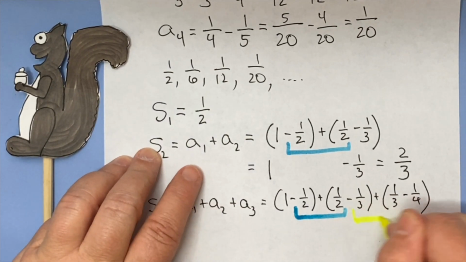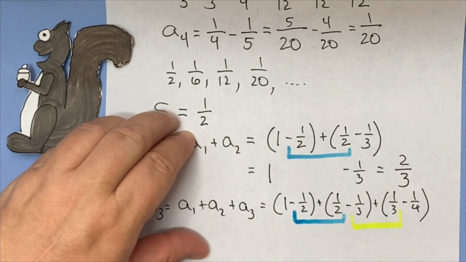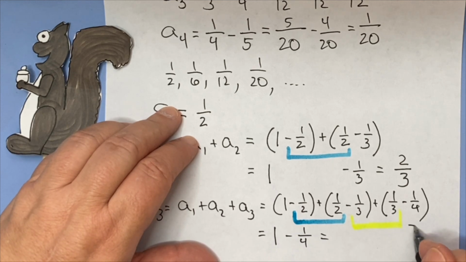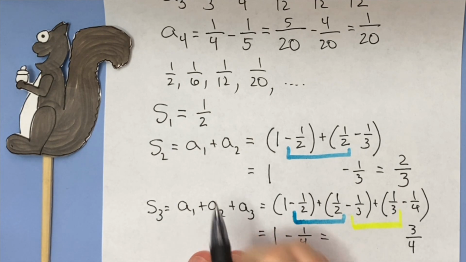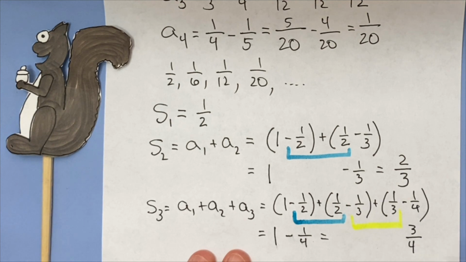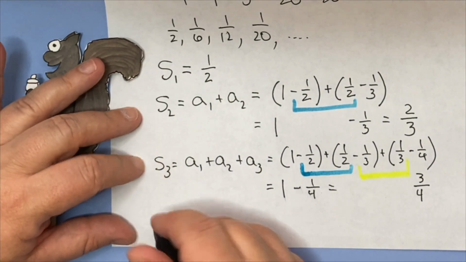The thirds cancel out. And I get 1 minus 1/4, which is 3/4. And I'm still seeing a pattern. 1/2, 2/3, 3/4. Any guesses what the next one might be? Maybe 4/5? Let's take a look.